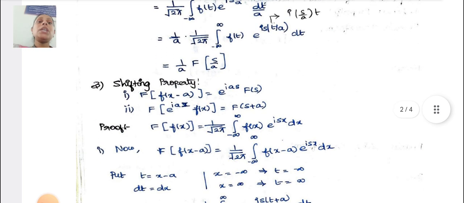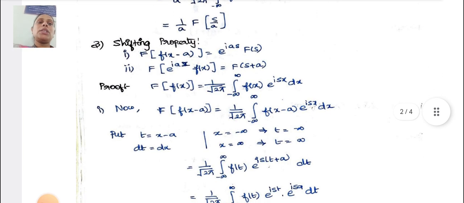Next we want to use the shifting property. In this shifting property, the Fourier transform of f of x minus a is e power i a s into F of s, and e power i a x into f of x equals F of s plus a. So F of s equals 1 by root 2 pi, minus infinity to infinity, f of x e power i s x into dx.